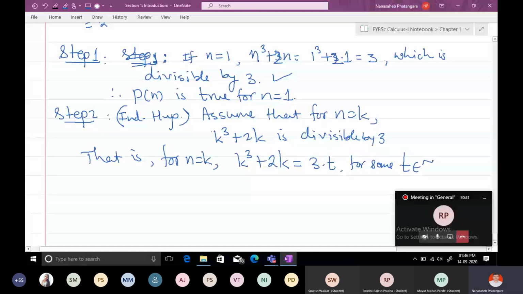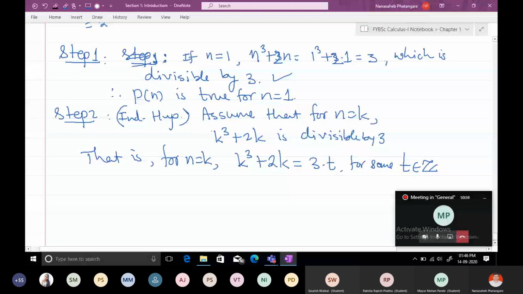Have I told you the notation for integers? Z, right? I already told you. Therefore we are assuming that k cube plus 2k is divisible by 3, meaning it is 3 times some integer. So it is a multiple of 3. That is the meaning of divisible.